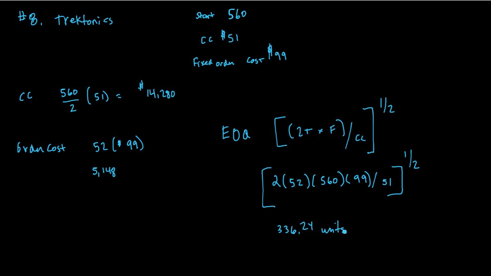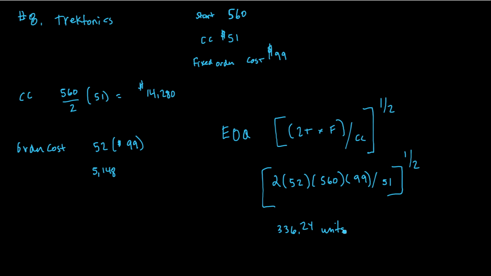So the firm's policy, again, it's not optimal. Why? Well, the carrying costs and the reorder costs, they're not equal. So the company should decrease the order size and they should increase the number of orders.